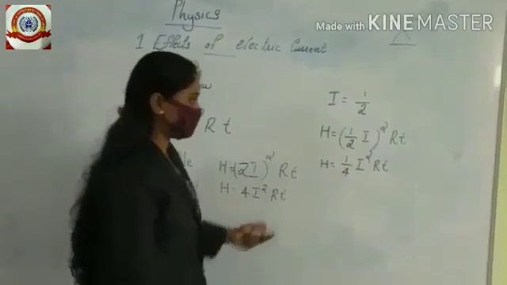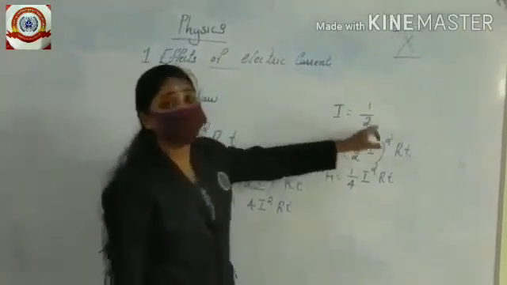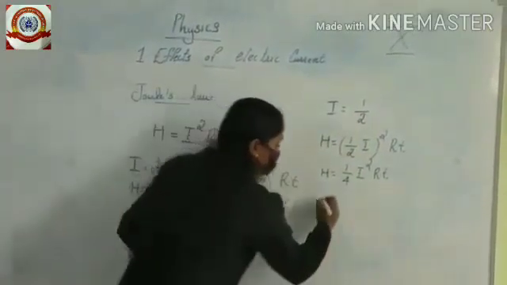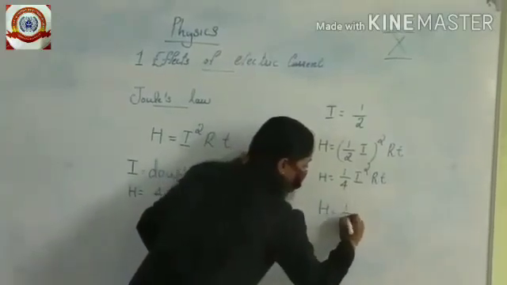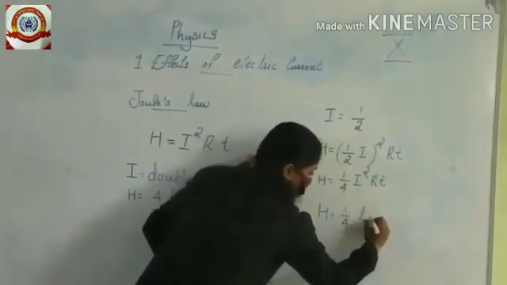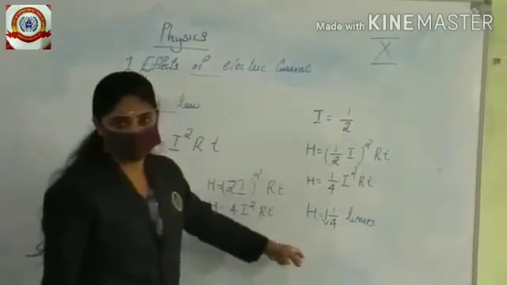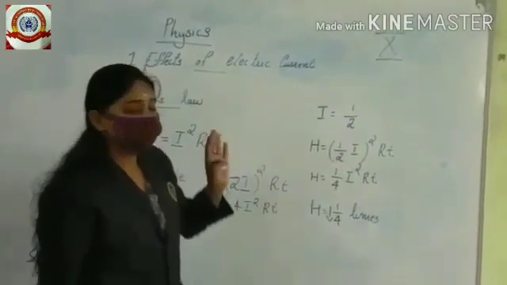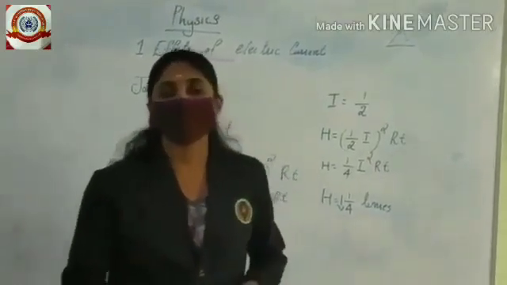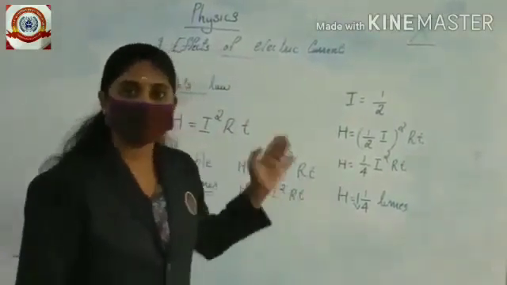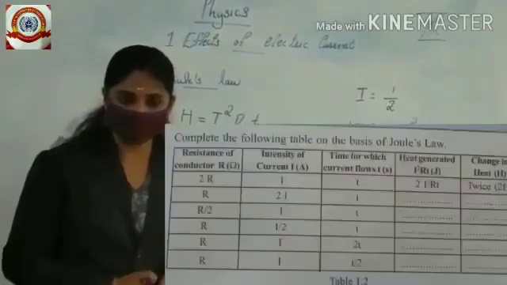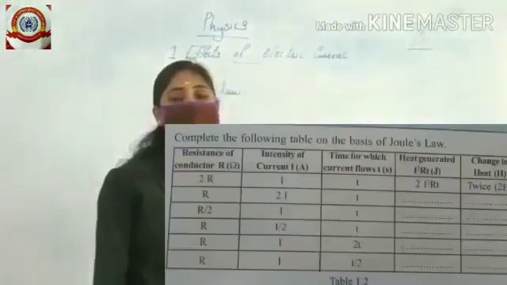That is, H decreases by 1 by 4 times. H equals 1 by 4 times less. Okay, do you understand this? Like this, try to solve the table 1.2 in your textbook. Okay, try to do the worksheet. Don't forget to do that.